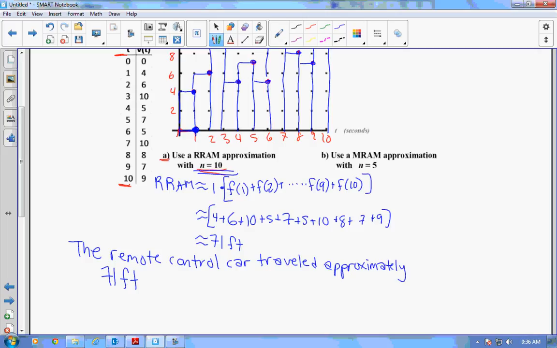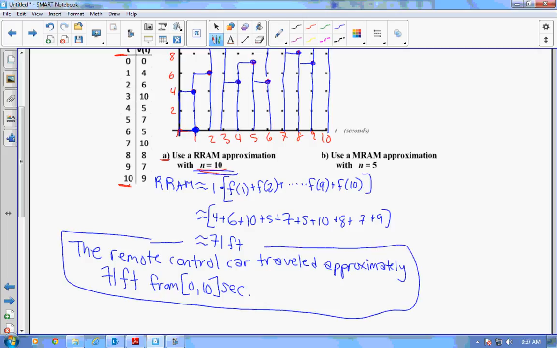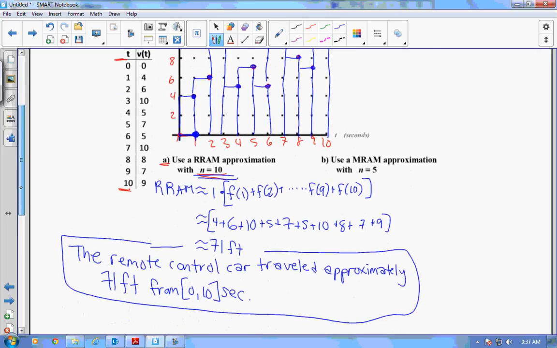It's just feet. Feet from 0 to 10 seconds. So we're not talking about velocity. We're also not talking about area. Did you say 10 seconds? Or would you say from 0 to 10 seconds.